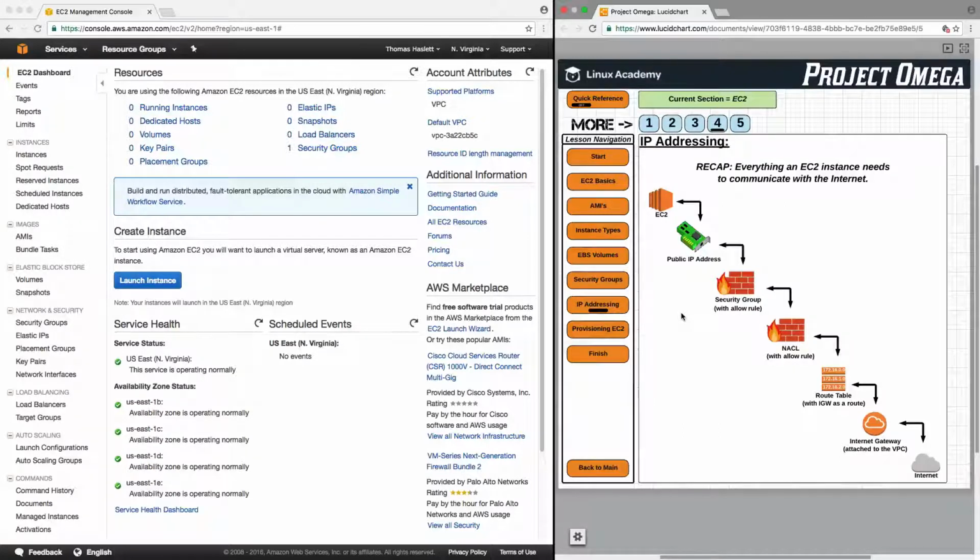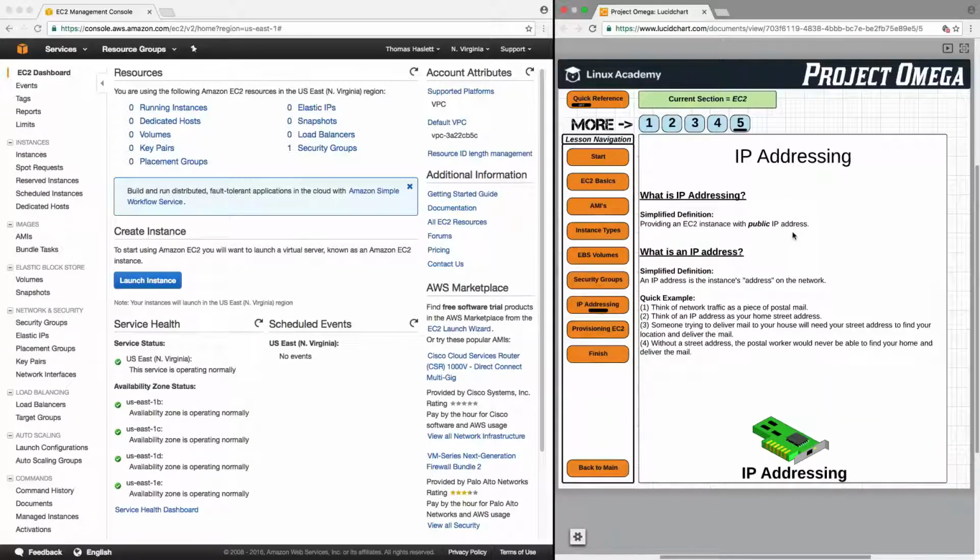It may be that you're trying to access the internet, but you don't have a public IP address, or maybe your inbound or outbound rules on security groups or network access control lists are not set up to allow that specific type of traffic, or maybe the EC2 instance is not associated with a route table, or maybe the route table doesn't have an internet gateway attached. These are all areas that you need to look at when you are analyzing your VPC and your internal network in terms of data flow and communication.